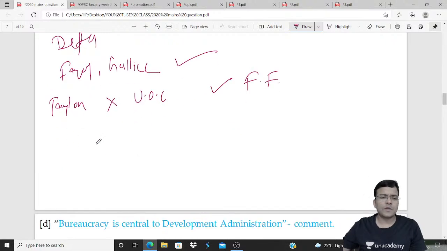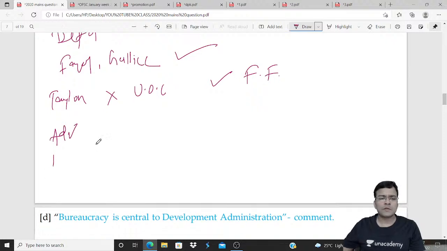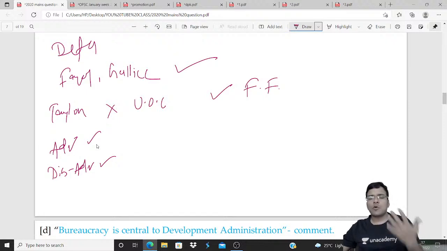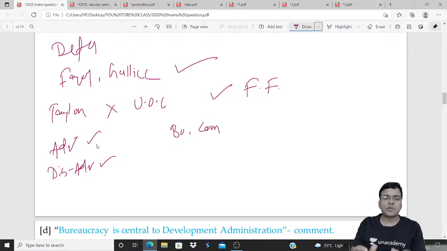Yes, here you write advantage, disadvantage, advantage of unity of command, disadvantage of unity of command, and how modern day organizations, board, commission type organizations, have violated the concept of unity of command. And yes, as organizations are growing, diversification happens, unity of command is not possible.